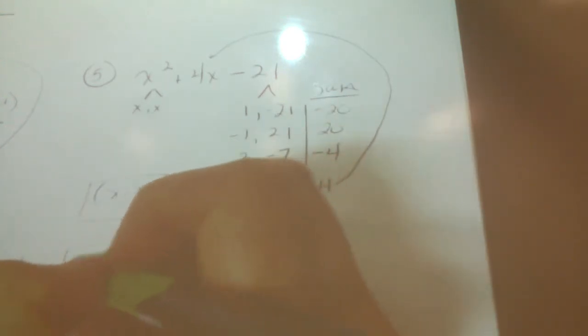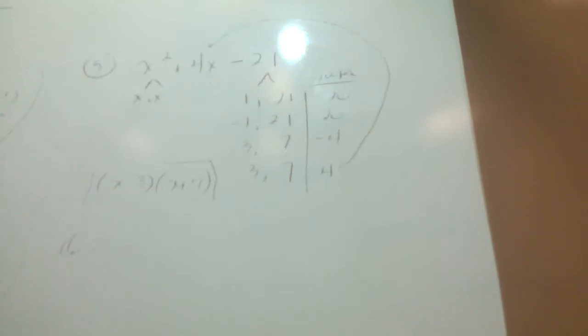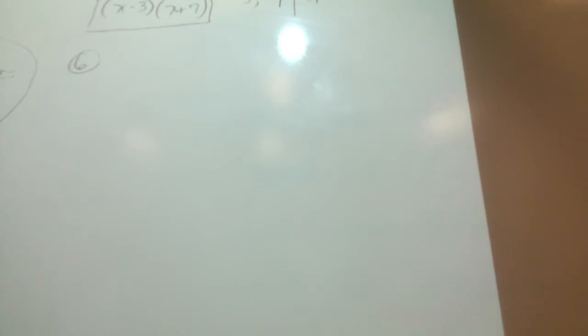Let's take a look at number 6. I've got x squared minus x minus 30. I've got x and x here. When the last number is negative, it really doesn't matter what the middle one is. It's going to be 1 positive, 1 negative. Now this one, we've got quite a few options here.